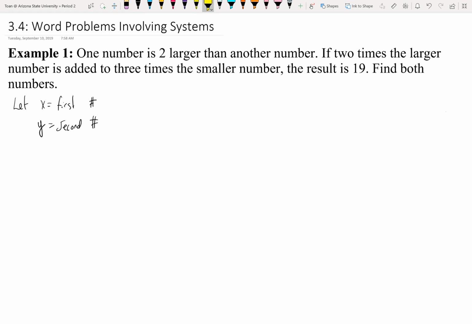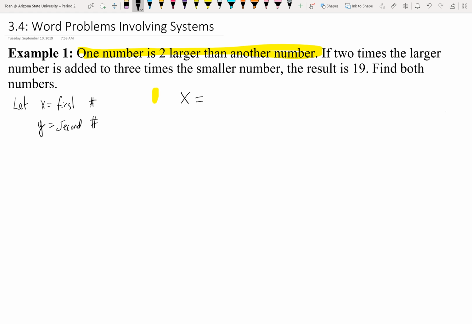So let's start reading. One number is 2 larger than another number. Boom, there we go. So I can translate that into an equation. Now it says one number is 2 larger than the other number. It doesn't specify which is which, so it really doesn't matter what variable I have. So one number, let's say x, is, in math, an equal sign, 2 larger.